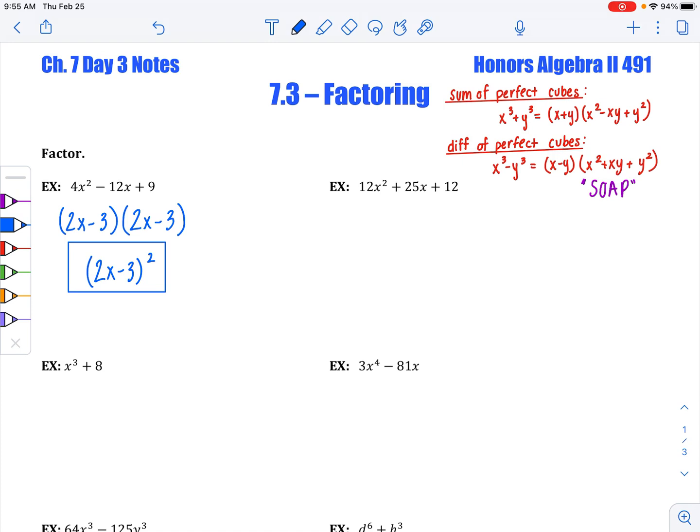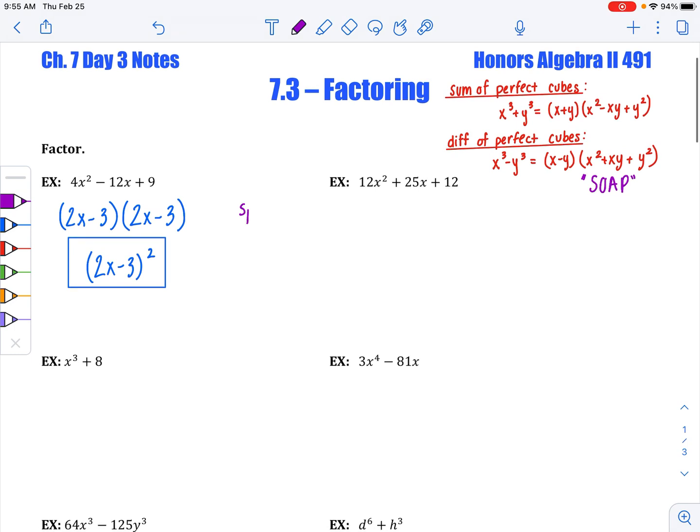Now, if you don't see it, there is what's called the split the middle method. And I'm going to walk you through with this next example what the split the middle method is. Again, because the a value is not 1, we're going to take 12 times 12, so our a and our c, multiply them together.